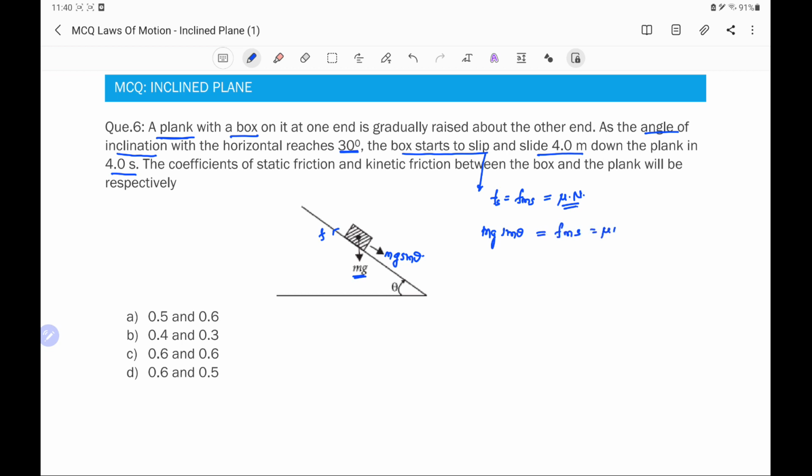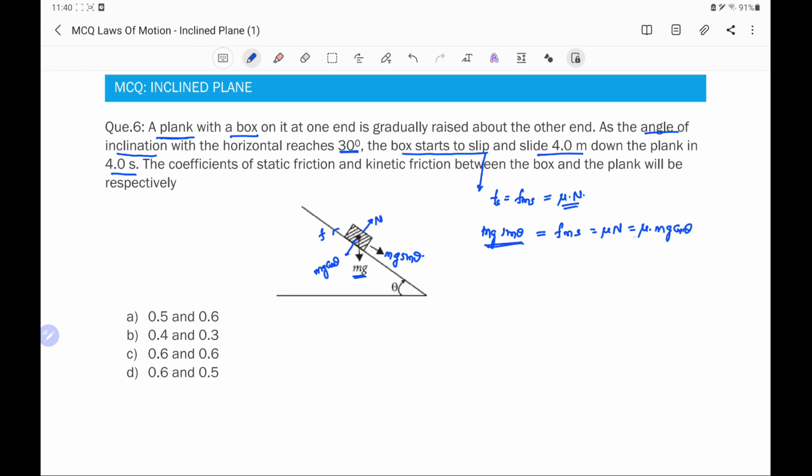This is equal to mu N, and it is equal to, because mg cos theta is the component perpendicular to the inclined plane, which is balanced by the normal reaction on the block due to the plane, so it is mu into mg cos theta.